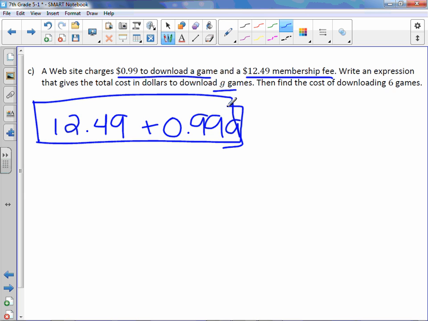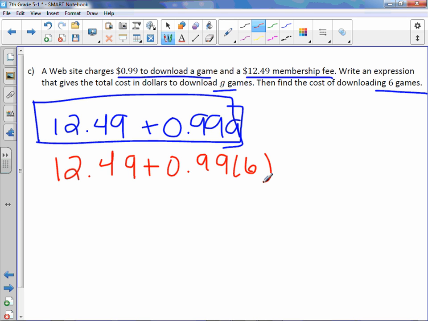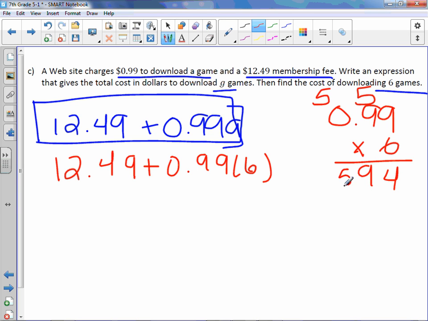Then it wants to know the cost of 6 games. So $12.49 plus 0.99 times 6. Do the multiplication first. Oops, there's only one number.